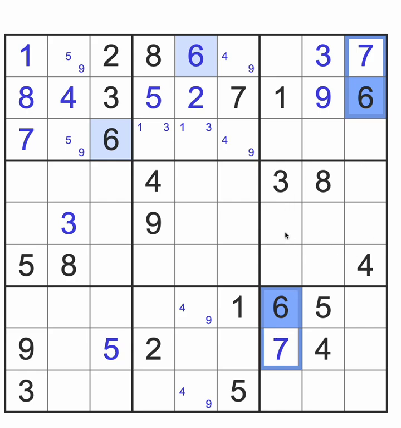For box 6, that means I cannot place 6 and 7 in these cells. That gives me 6, 7 double here, which gives me 1, 2 double in these two cells, but 1 is already here. So this is 2. Well, it's also blocked by this 1, 3. But anyway, that gives me 1 here.